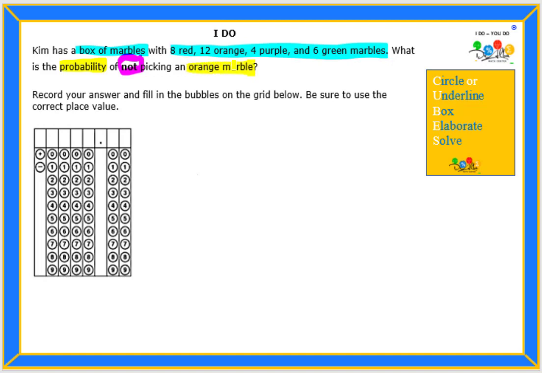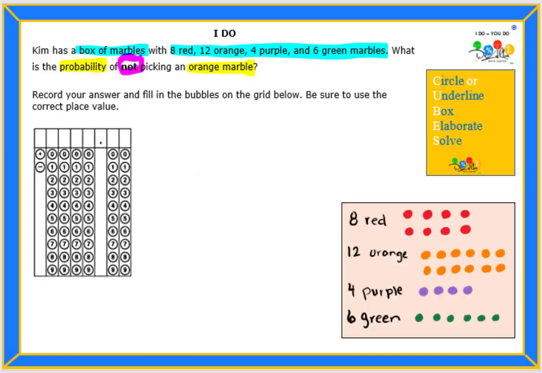So the first thing I would like to do is draw a picture of the marbles. So now that we have a picture of our marbles, we can see it more clearly, and we also want to find our total. So 8 red plus 12 orange is 20, and then 4 and 6, that's another 10.